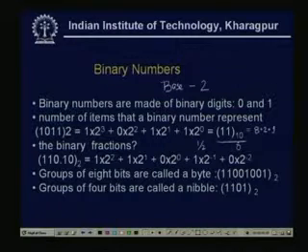So, this will give my decimal number. Now, groups of 8 bits are called a byte in the binary number system, and groups of 4 bits are called a nibble.